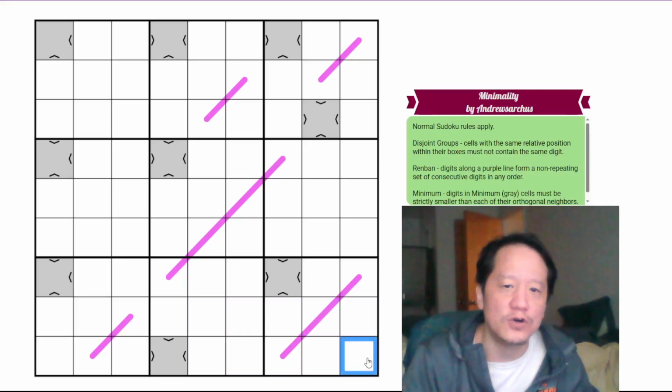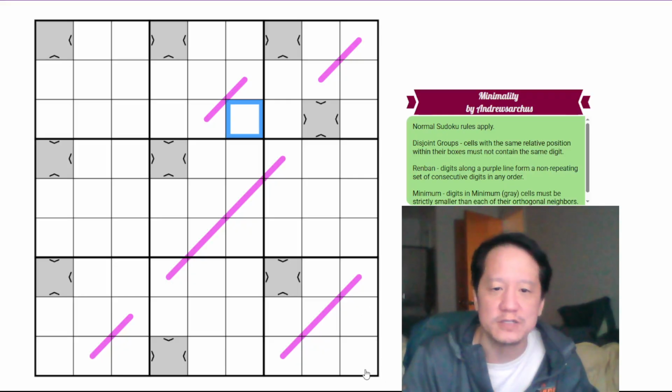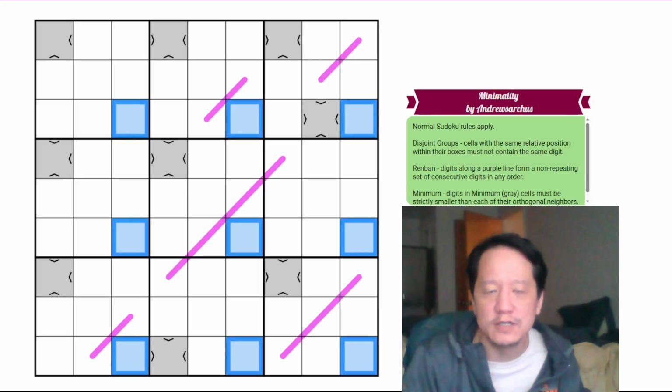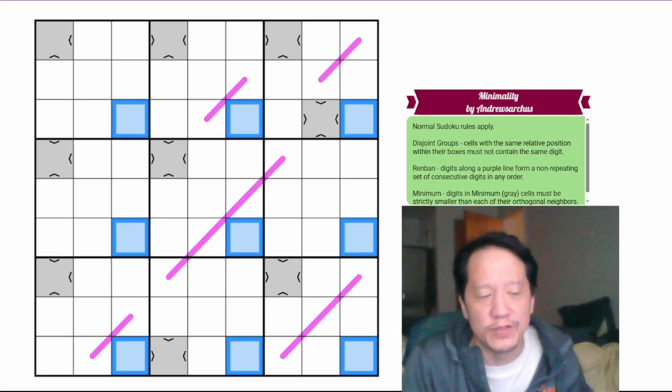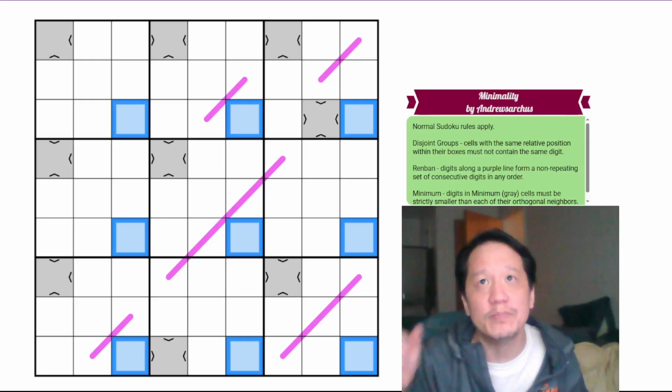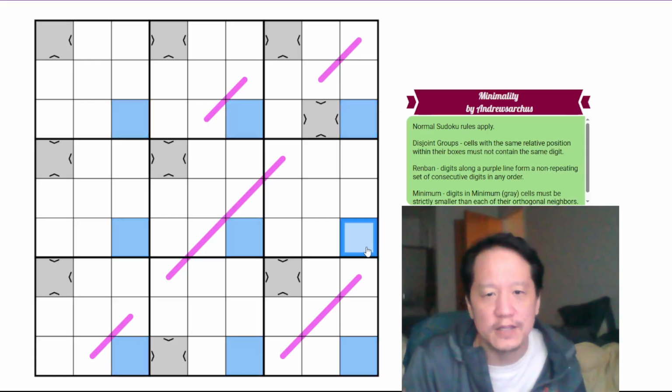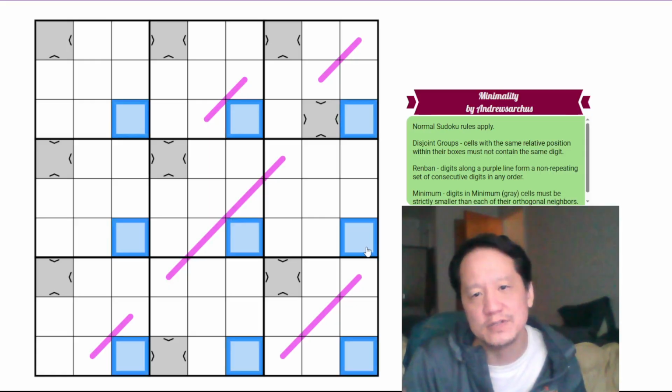So there are no repeats in cells in the same position in boxes. That means in all of these cells, there must form a unique set of the digits, you have to have a complete set of the digits 1 through 9 in these 9 cells.